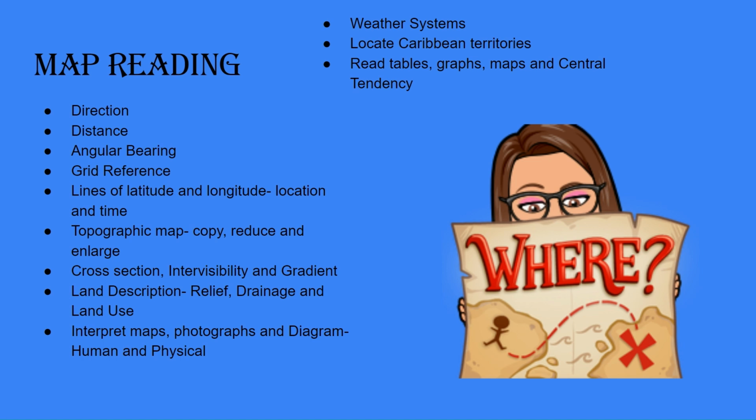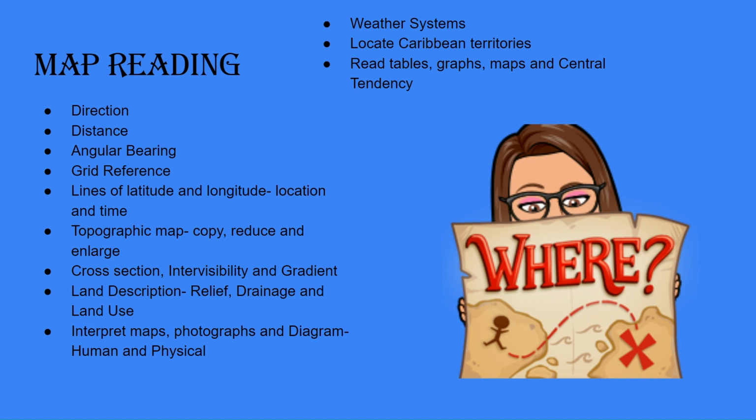There is always a land description on the paper on question 1, where they ask you for the relief of the land on the map, or drainage, or land use, or it's usually a combination. But there is always a land use question. You are to be able to interpret maps, photographs, and diagrams to figure out what human and physical features are located at different parts on the map or photograph.